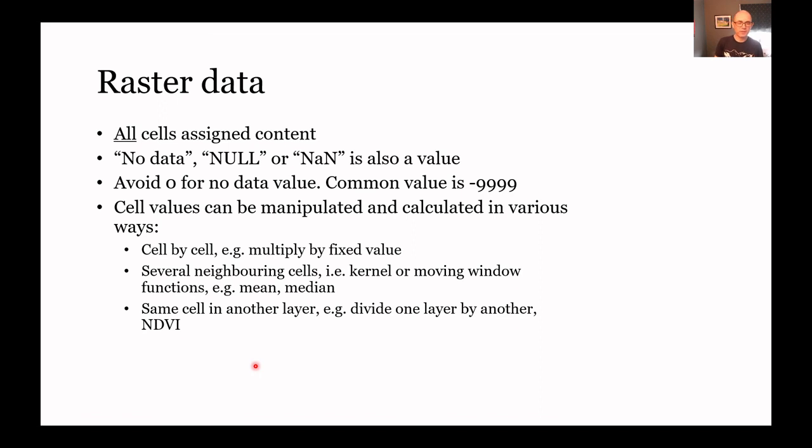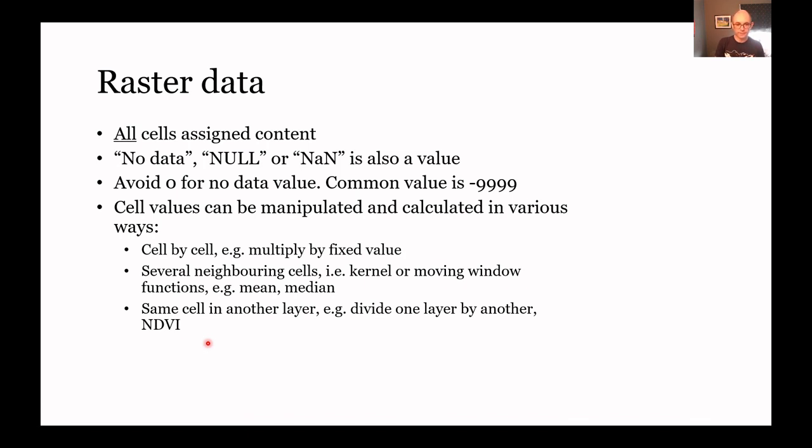In this case, if it's NDVI data, we look at the values in one pixel and the values in the same pixel in a different layer, and then a combination of those two in some particular way, band ratio, that will give us a new value in our NDVI raster. So that, in a sense, is similar to the cell-by-cell value, whereby we're working on the data from one particular pixel or cell, but we actually happen to be getting another piece of our mathematical equation from a different layer.